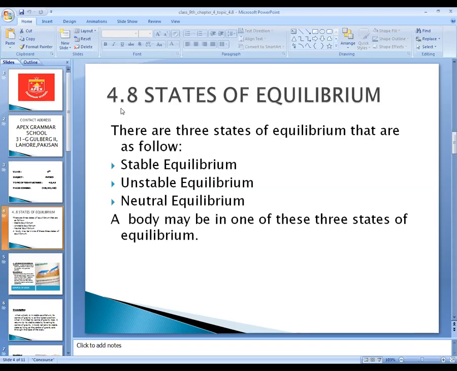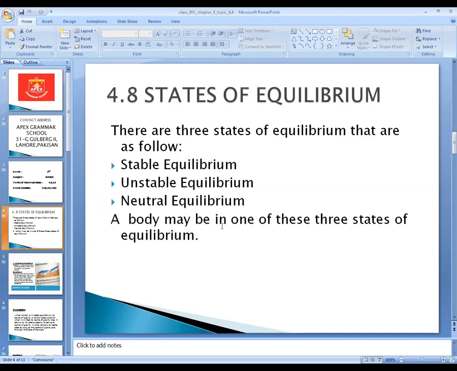There are three states of equilibrium: stable equilibrium, unstable equilibrium, and neutral equilibrium. So we have 1, 2, 3.